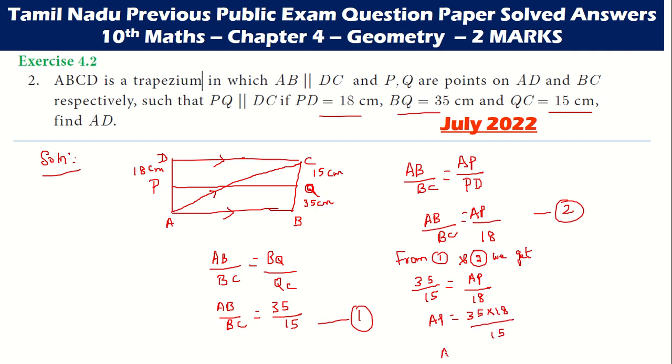So therefore AP is equal to, cancel this to get 7, cancel this to get 3, cancel this to get 6. So that means 7 into 6. So AP is equal to 7 into 6, which means AP is equal to 42 centimeter.